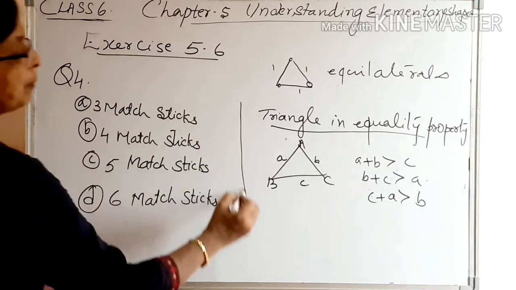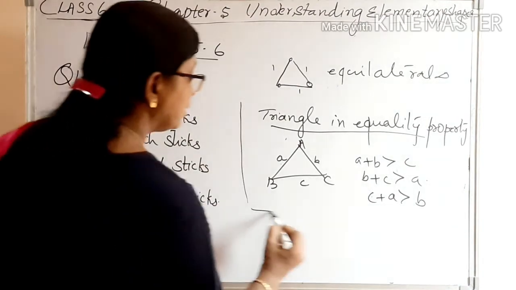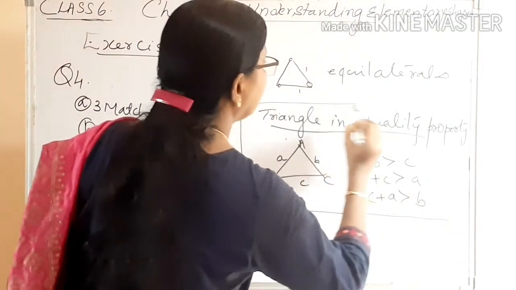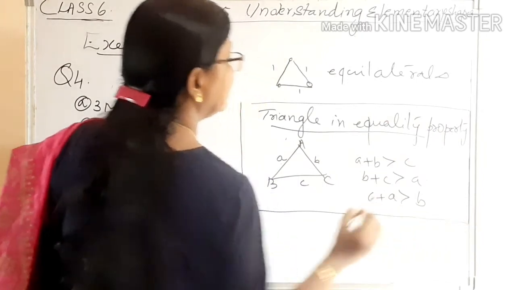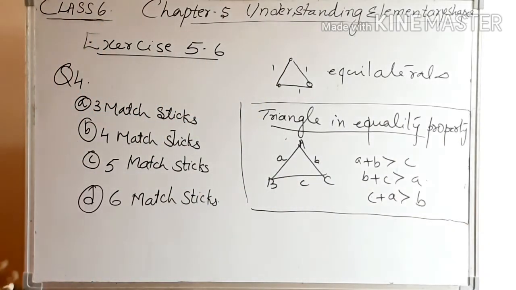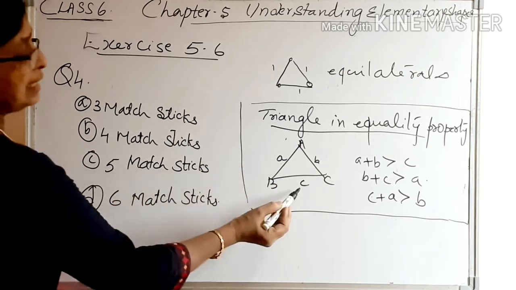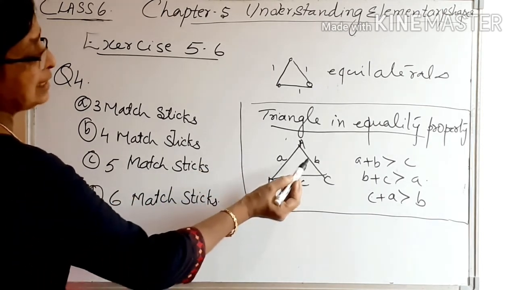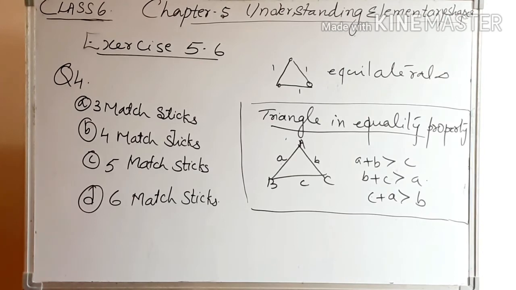We must know this property, then only we can make this triangle, children. You have to note it. Triangle inequality property: sum of 2 sides of a triangle is always greater than the third side.